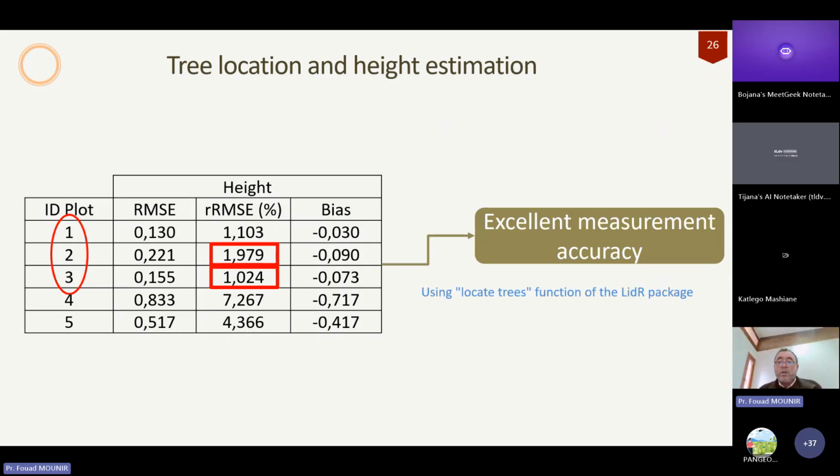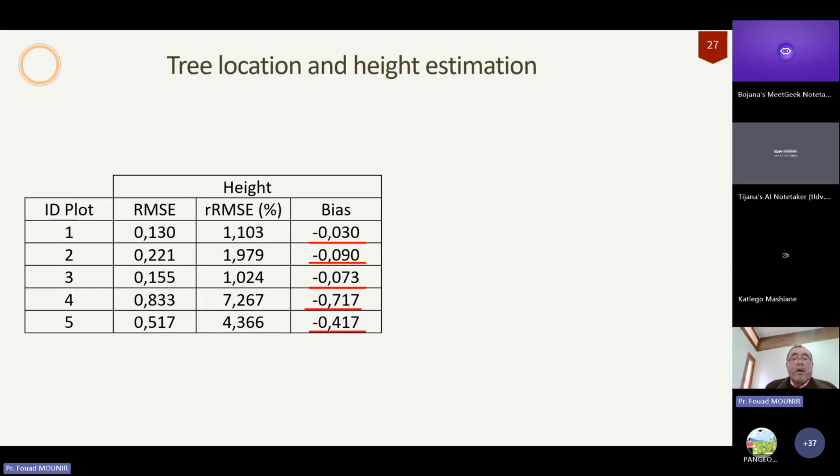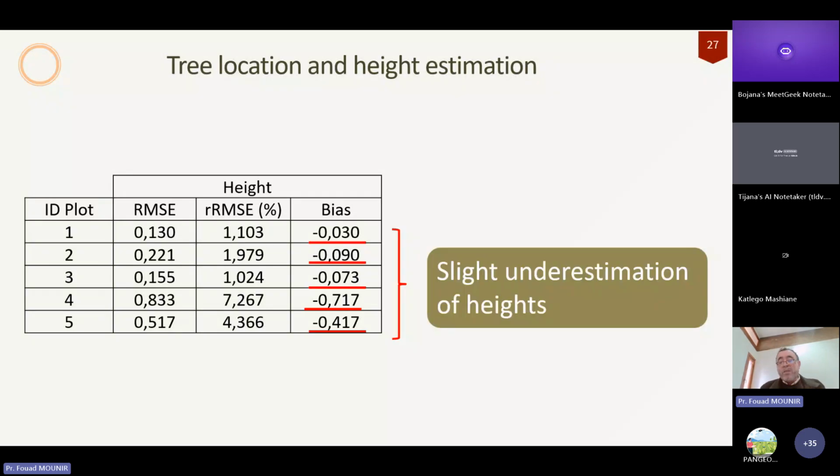For this, we were using the locate trees function from the lidR package to be able to calculate the height of the stem. We see here in this table also that the bias is very low, but it's negative. That can give us the idea that there was a slight underestimation of the height.